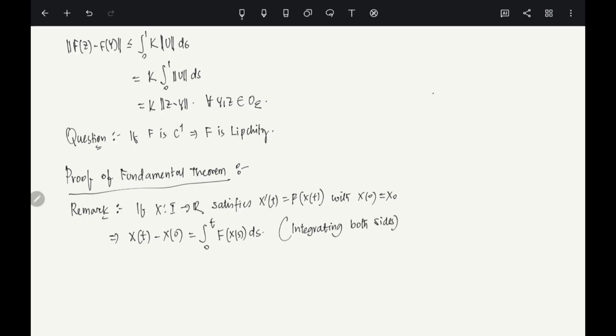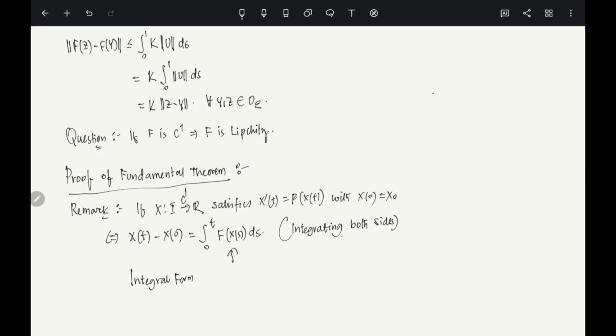Clear? Okay, so this form is called the integral form, and you can see that it works both ways. If you have a C1 function x satisfying the equation, then it will satisfy the integral form.